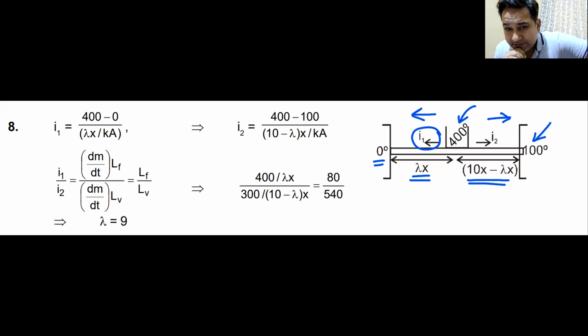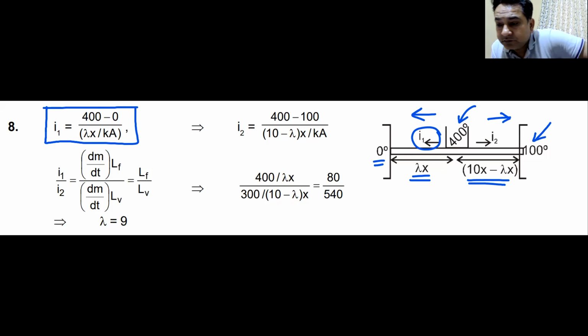Do we understand what is I1? I1 is 100 minus T divided by R1.